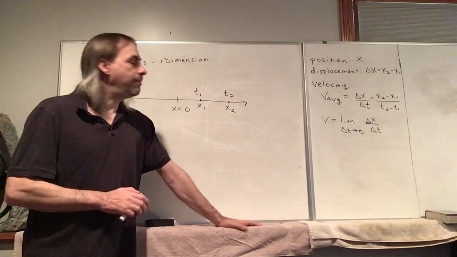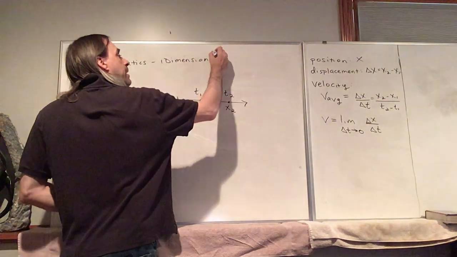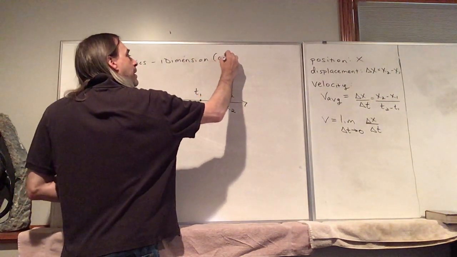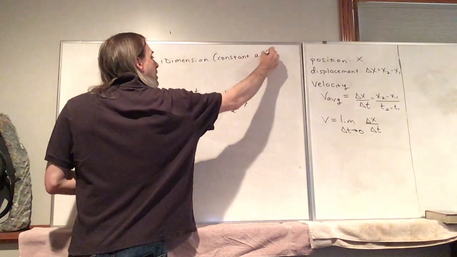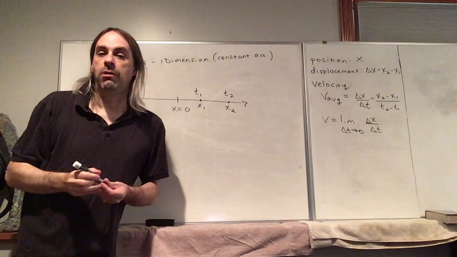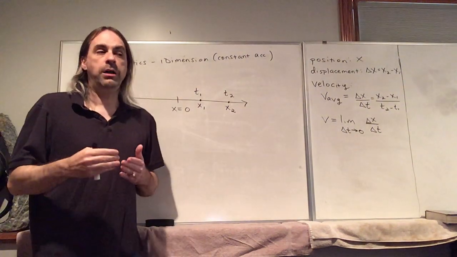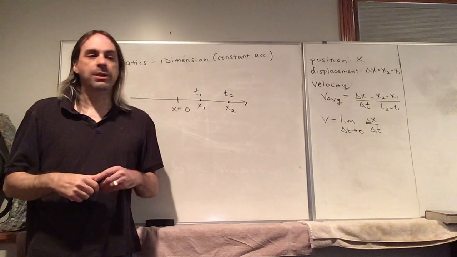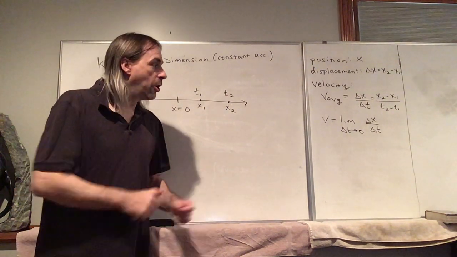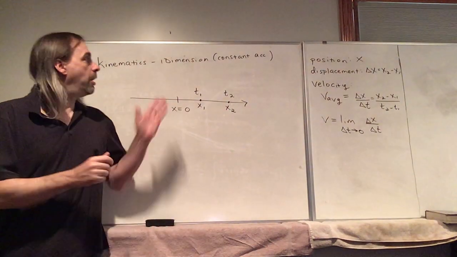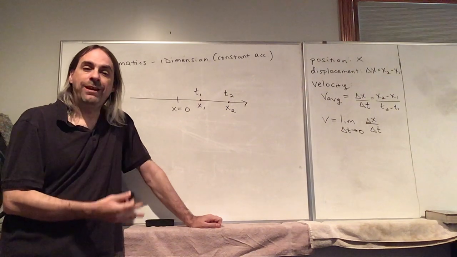But fortunately, what we're going to do is restrict ourselves to the case of constant acceleration. Now, acceleration is a change in velocity. So we will consider accelerations, of course, but say the acceleration is constant. In that special case, we can solve this problem of kinematics in one dimension algebraically.